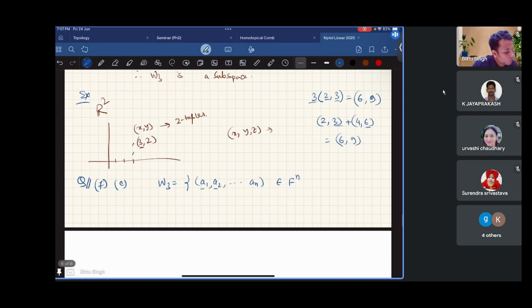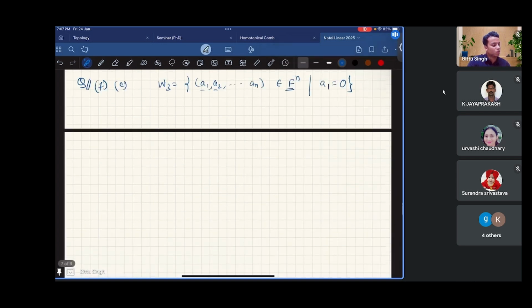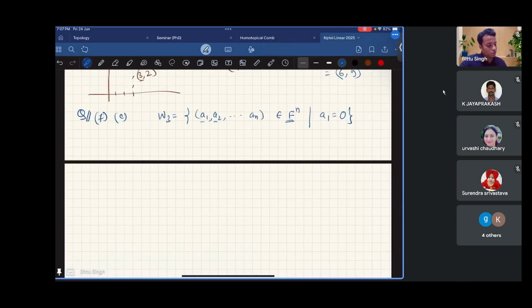So the condition was that it is a subset, it comes from Fn, n-tuples, but it additionally satisfies the condition a1 equal to 0. So to check if something is a subspace or not, what do we do? We check the conditions. The first condition is that 0 is already there.